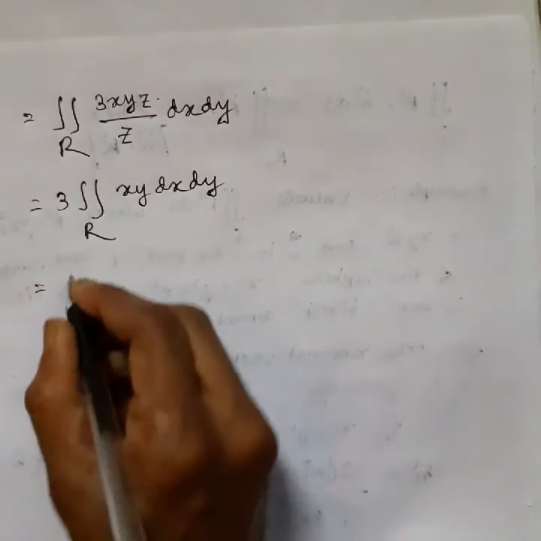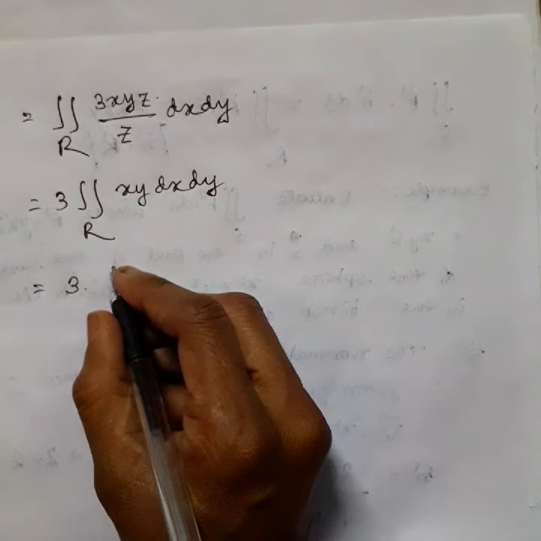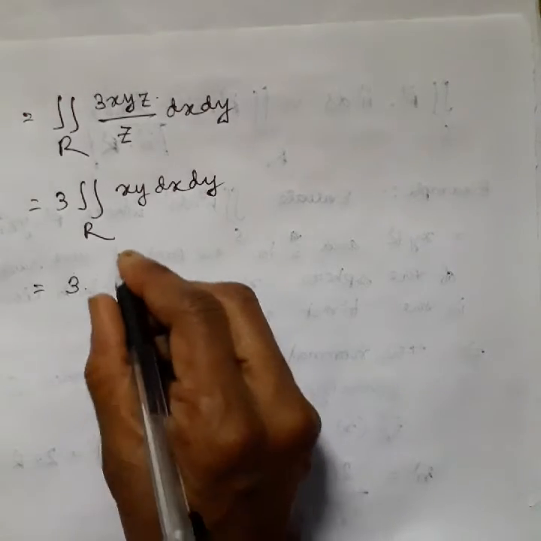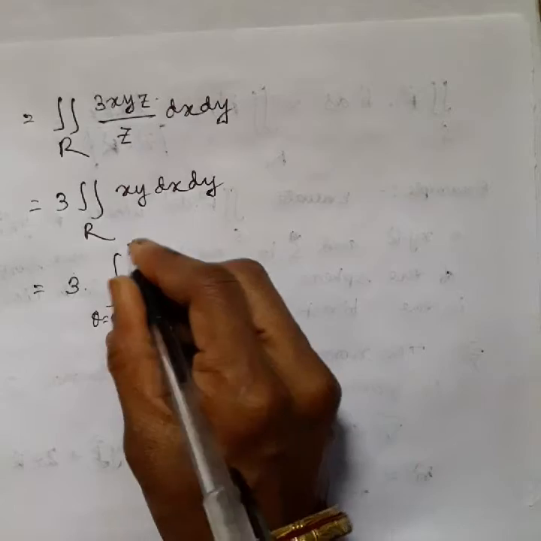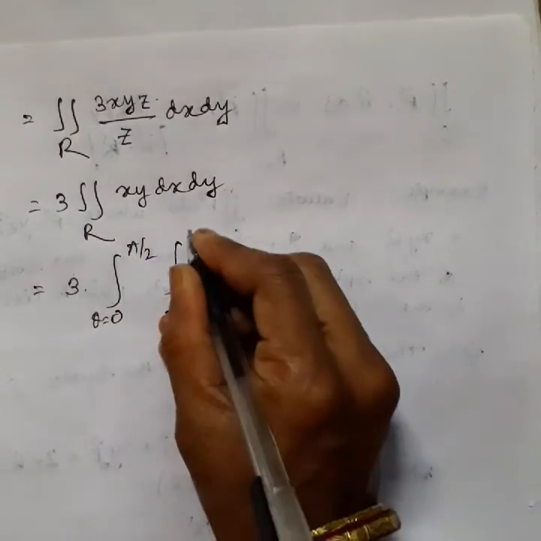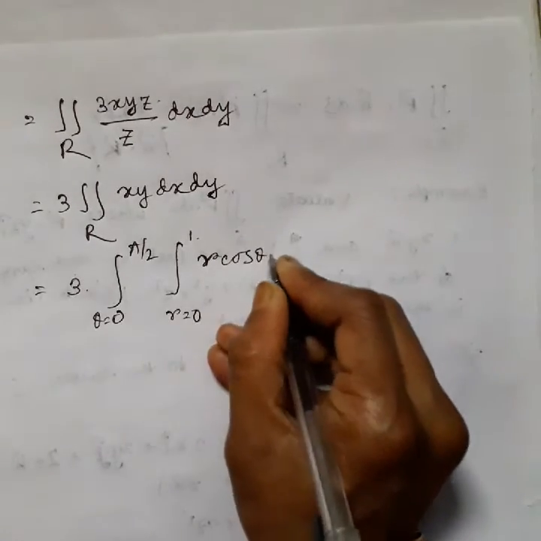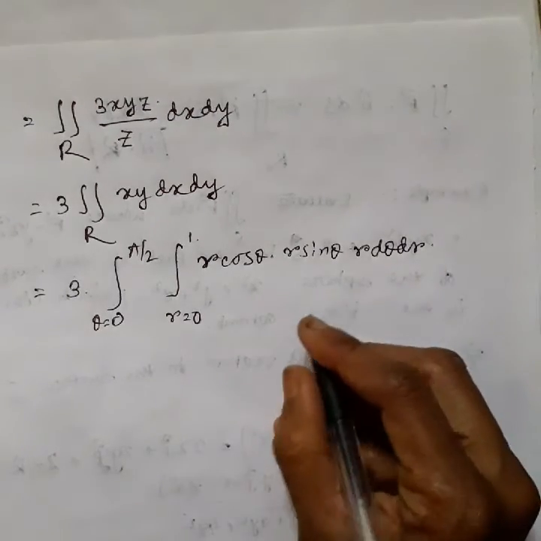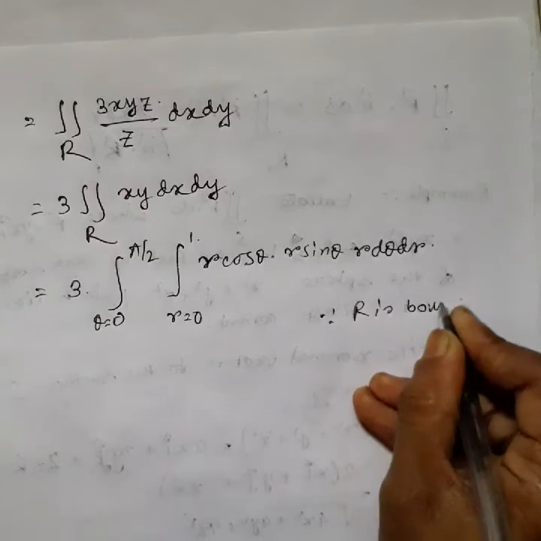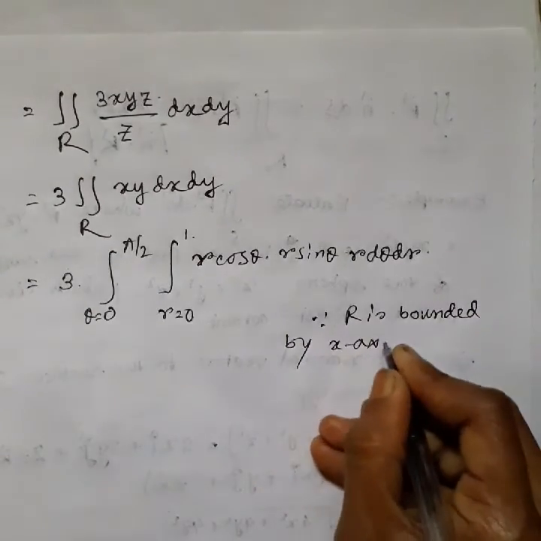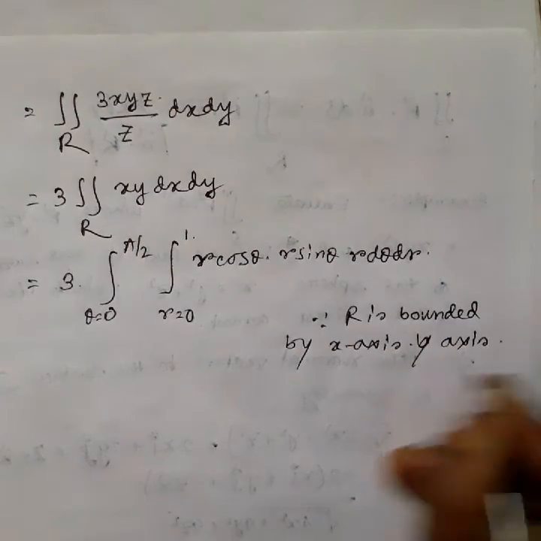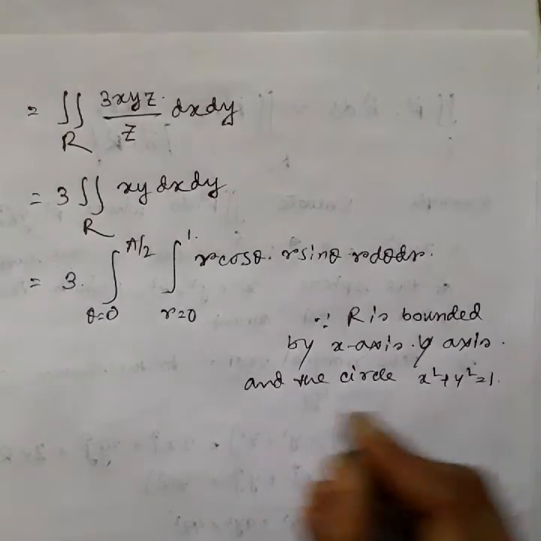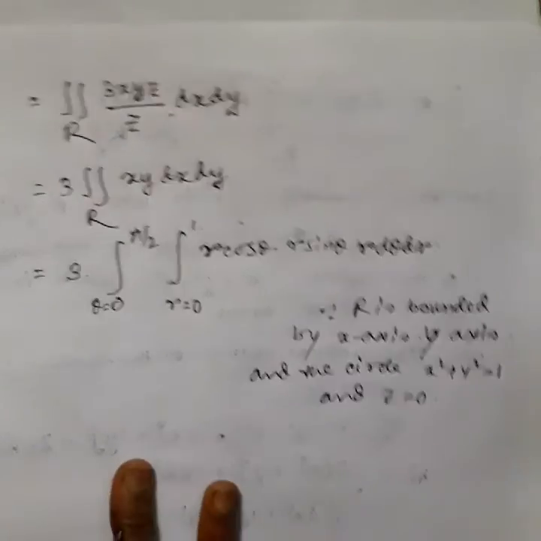Okay, so this is 3 into integration of theta is equal to 0 to pi by 2 and r is equal to 0 to 1. x means r cos theta, y means r sin theta, and dx dy means r d theta dr, as R is bounded by the x axis, y axis and the circle x square plus y square is equal to 1 and z is equal to 0.